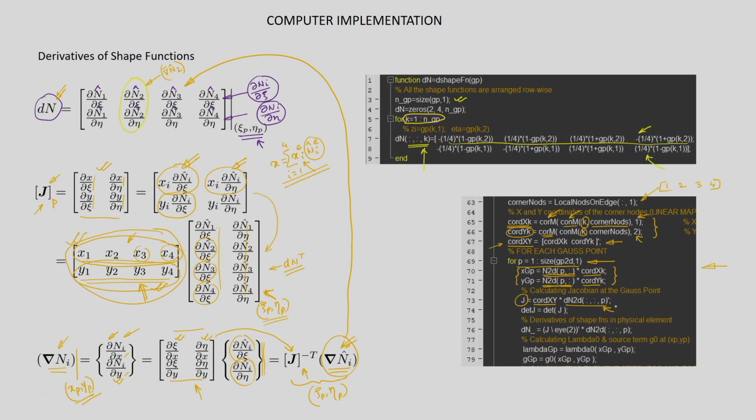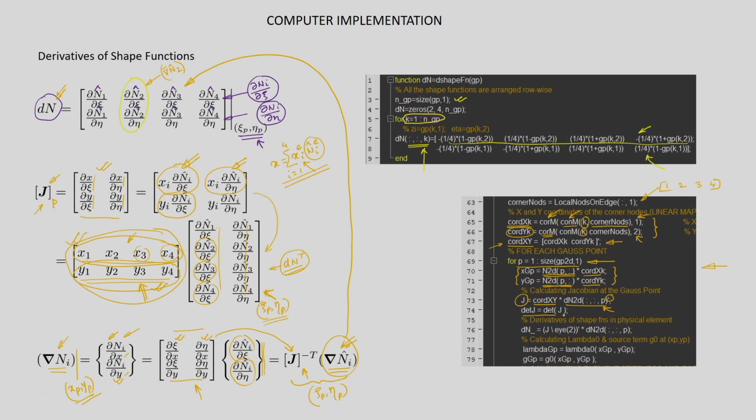We already stored all those derivatives of the shape functions in a matrix corresponding to a particular p. If we multiply that, note down here we have taken a transpose, because here we are using dN transpose. So, we get the Jacobian. This Jacobian is at that particular Gauss point, because we are running inside a loop over p.